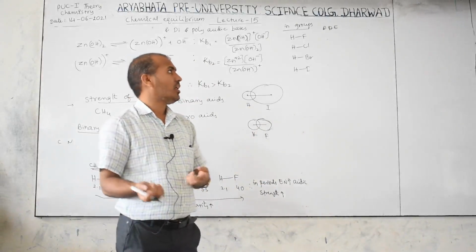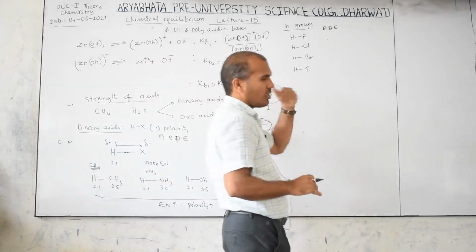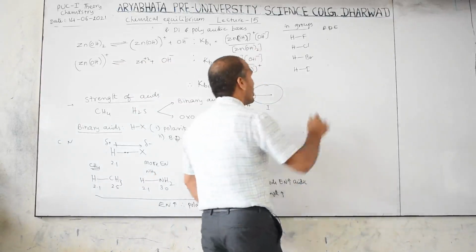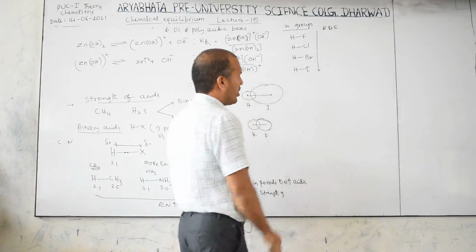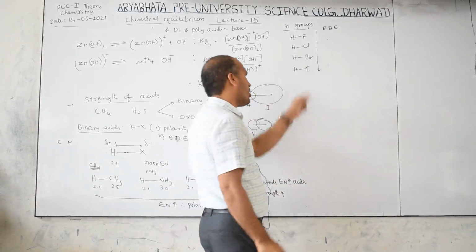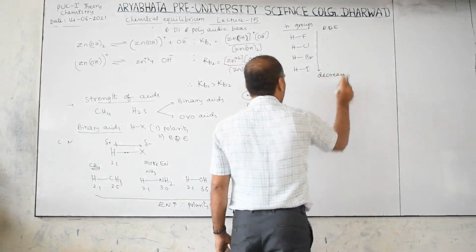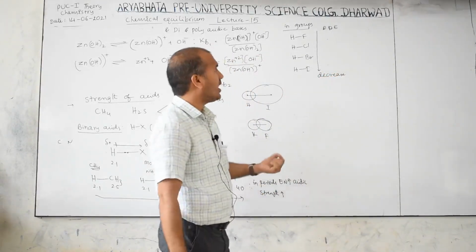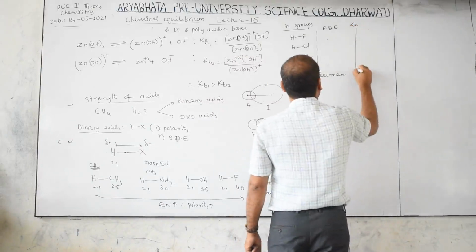If you see any thermodynamics chapter, their bond energy values are given. I don't remember those values, so you can see the bond dissociation energy values in the thermodynamics chapter. From top to bottom, what happens to bond energy? It decreases. When bond energy decreases, the Ka value increases.